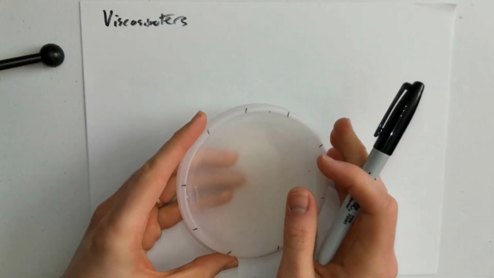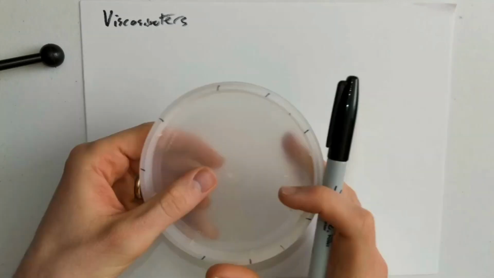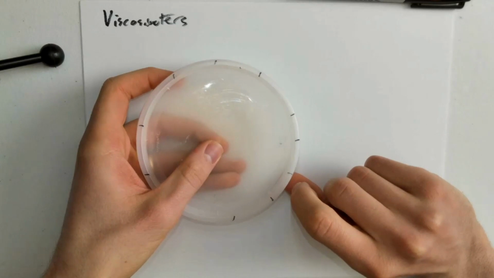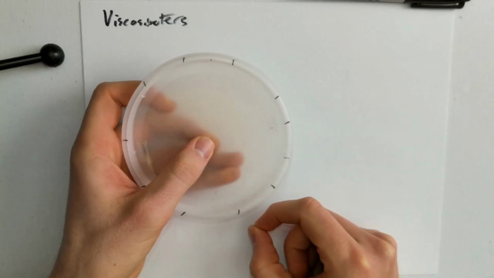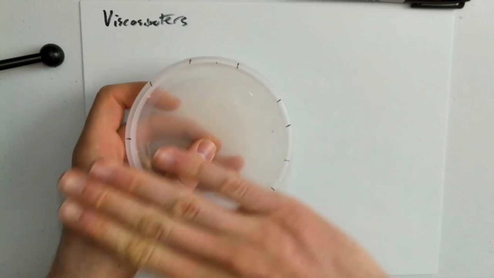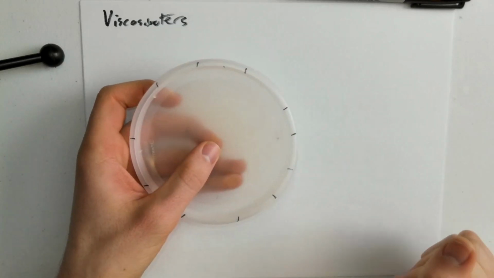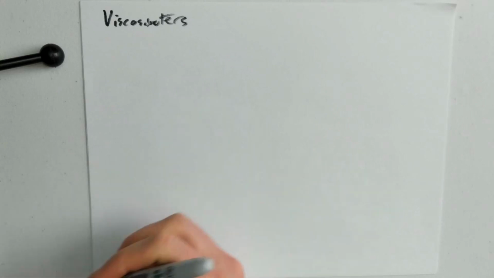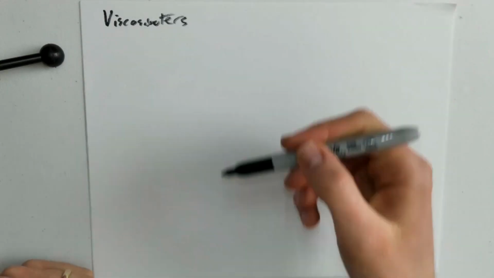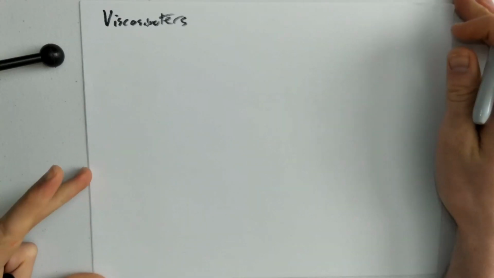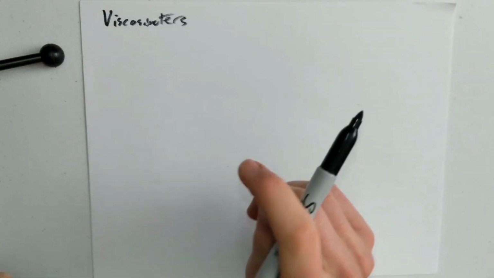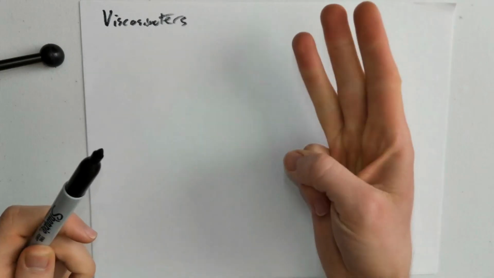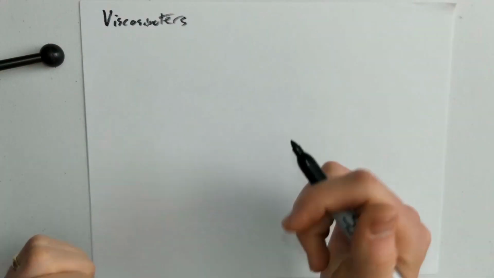Some other factors are going to play a role, for example the radius of the disk and the thickness of the gap between the disk and the ground underneath it, and the disk and the stationary plate on top of it. We'll need to work out all of those things. And of course we're going to draw upon some concepts that we've talked about in earlier lectures, like viscosity and shear stress and the linear velocity profile, all of those sorts of things.